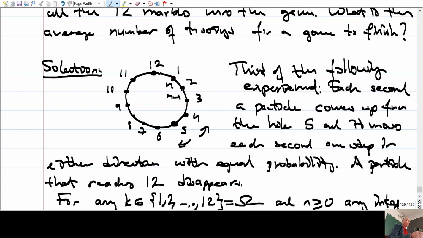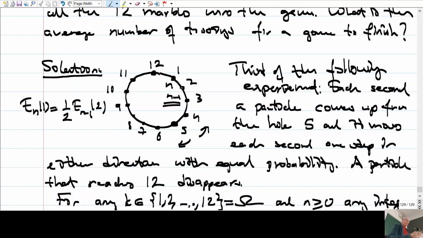So the only possibility is that at the second n minus 1, it has to be here with some probability, and with half probability, it will go up or it will go down. So I can write this: En of 1 is just 1 half En minus 1 of 2, right?